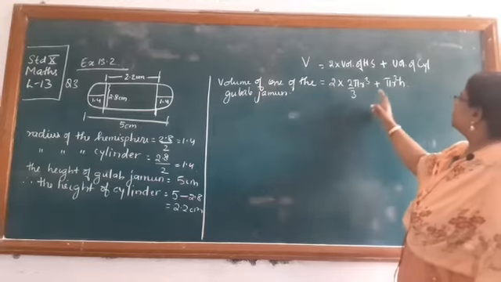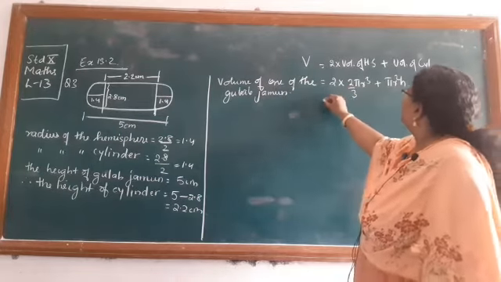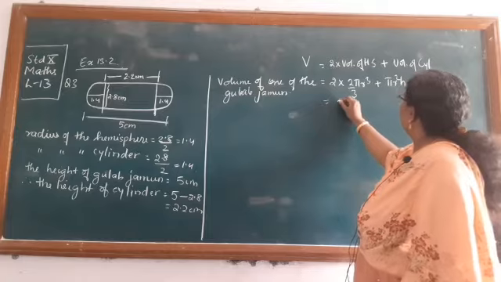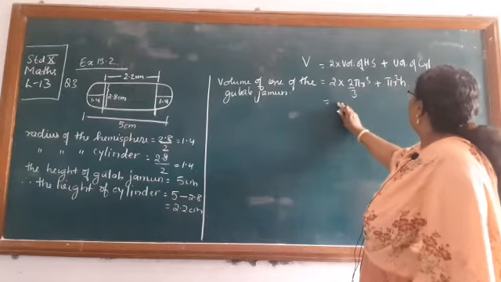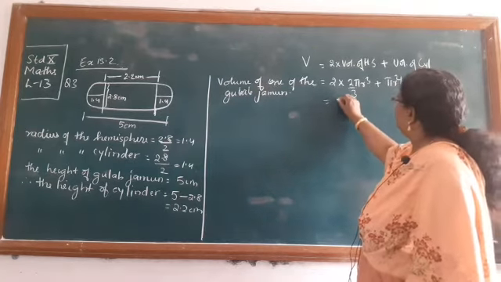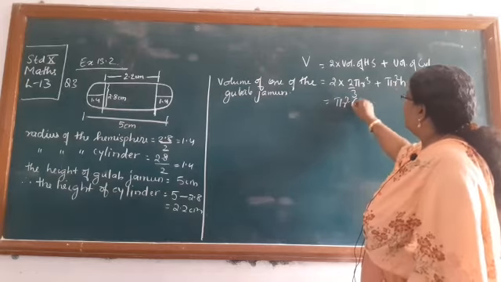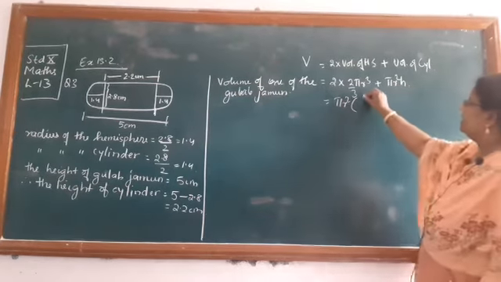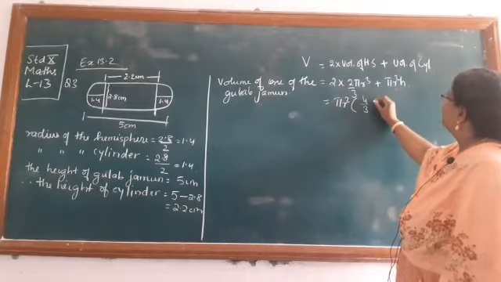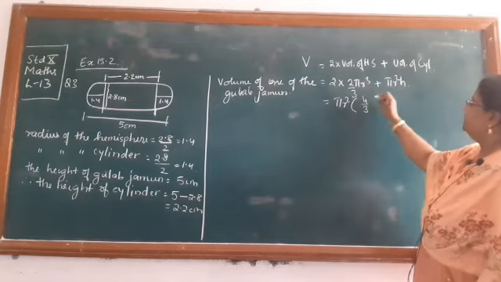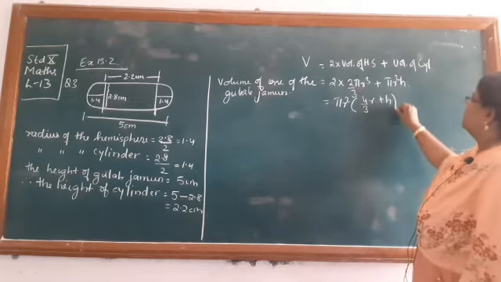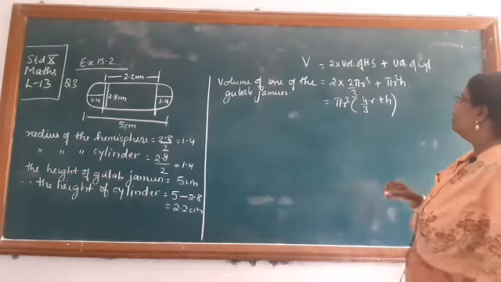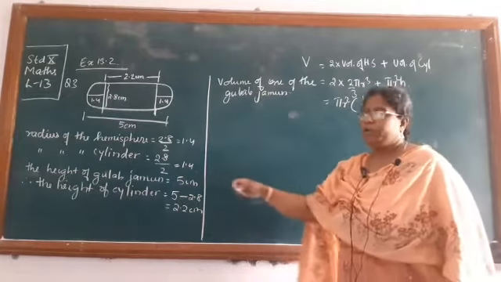Now the radius of both the hemisphere and the cylinder is the same. So I can take pi r square common. What is remaining? 4 by 3 r plus h. This way you will get it. Okay, r we have 1.4.